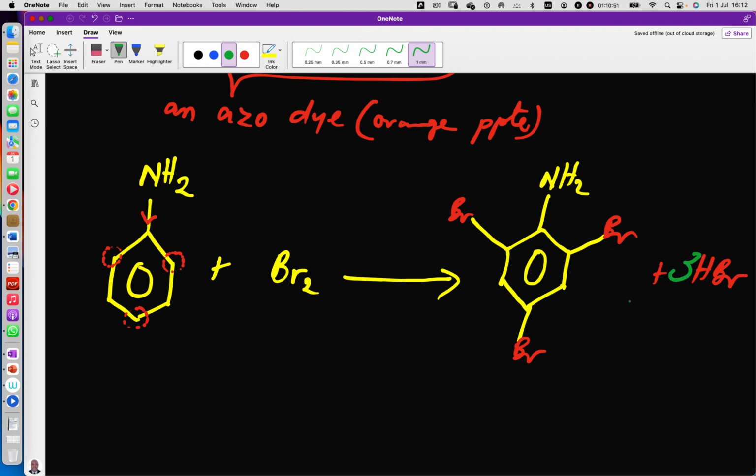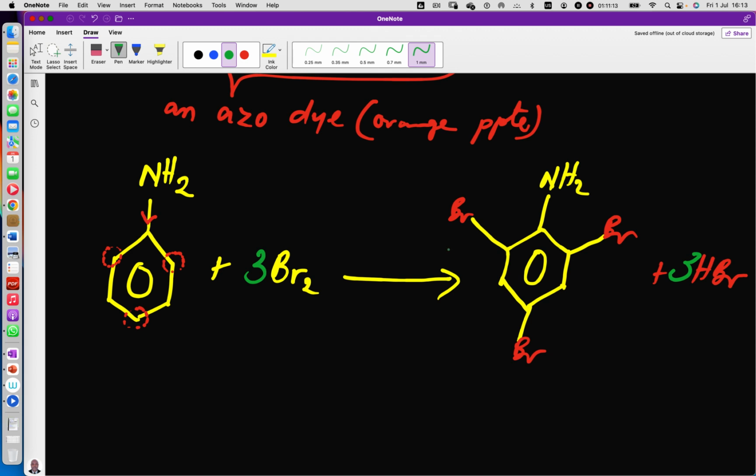Then 3 hydrogen plus 3 bromine, then with the other 3 bromine, making a total of how many bromine here? 3 bromine here. So how many bromine have been used? 3 plus 3, altogether 6. So that is how the equation is supposed to look like.